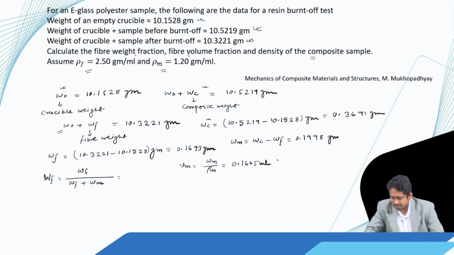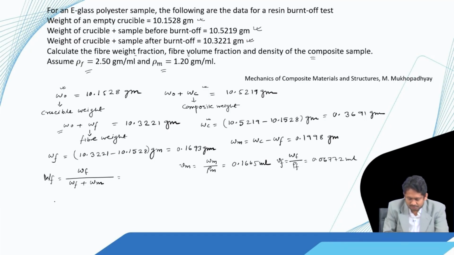Similarly, the volume of the fiber is weight of the fiber divided by the density of the fiber, and that is found to be 0.0772 milliliter.